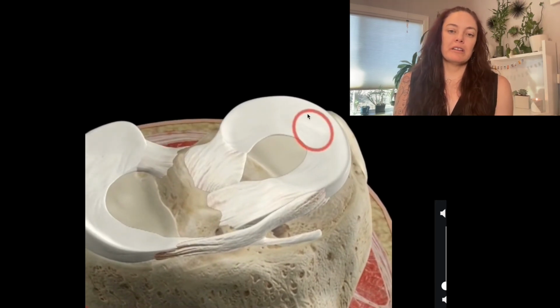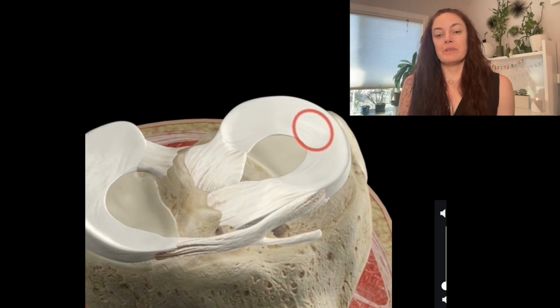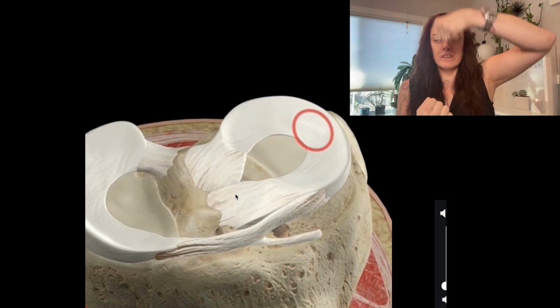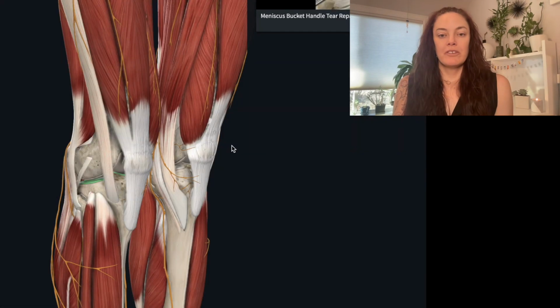And when we talk again in the common issues section, you can get a tear in this tissue. So I just want you to know where these are. If you've heard somebody say that they have a meniscal tear, that's what's happening. It's this cartilage in between the femur and the tibia as they come together in your knee. So they live right in this space in between. That's where your meniscus is.